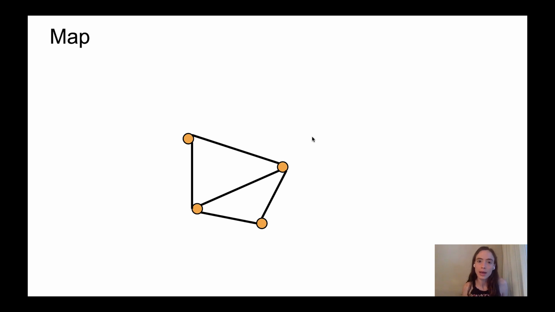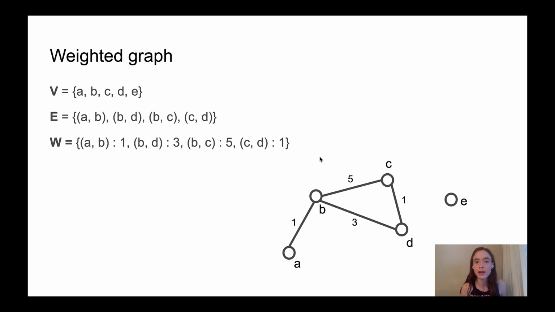So if we want to encode that in our graph, we need a new concept, which is called a weighted graph. A weighted graph is almost the same as the simple graphs we've been talking about so far, except each edge also has a weight associated with it. So it's a pair of vertices associated with a weight.